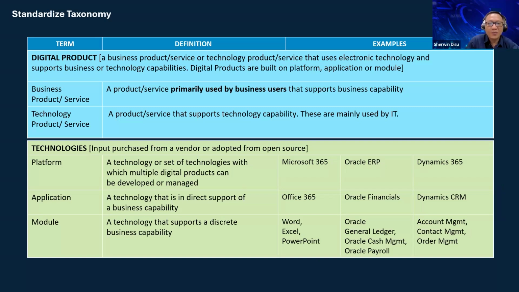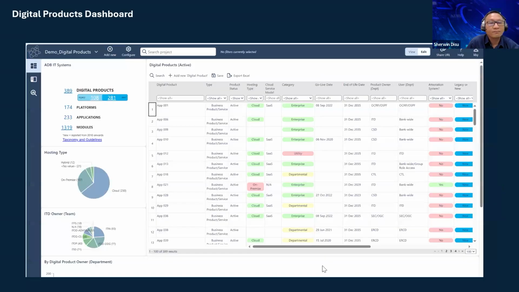So now with the digital products catalog, we collect useful information about the digital products, such as the product owner. You'll see one of the columns here in the digital products catalog is product owner. There's also IT department support information. There's also business capability linkage of this digital product.